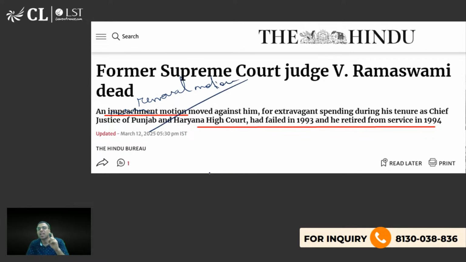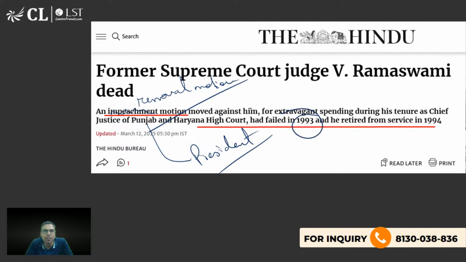That is why in the thumbnail also it is mentioned removal of a Supreme Court judge. I have not mentioned the word impeachment of a judge. Okay, because technically calling it impeachment of a Supreme Court judge is not correct. The right word to use is removal. Impeachment is used for the removal of a president, and that process is different from the removal of a Supreme Court judge. So you should be knowing this.